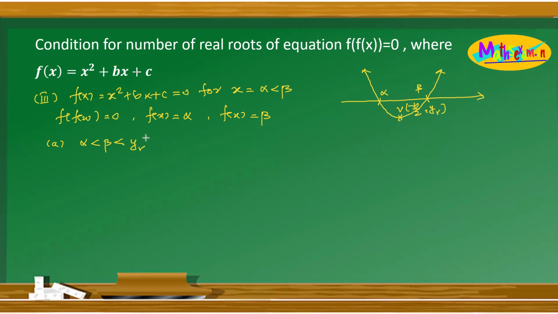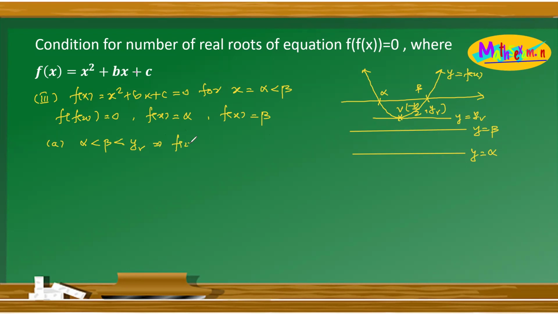So if they both are less than the y coordinate of point V, that means if I draw the line y is equal to alpha and y equal to beta, this is y is equal to alpha, this is y is equal to beta, and this is our y is equal to y of V. So hence you can see that this does not intersect this curve y is equal to f(x). That means f(x) can never be equal to alpha, f(x) cannot be equal to beta.